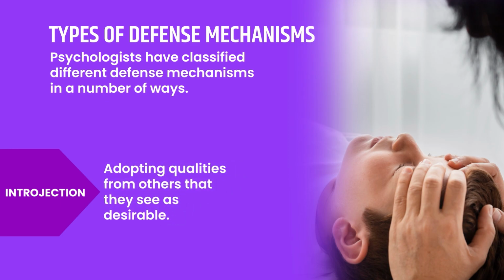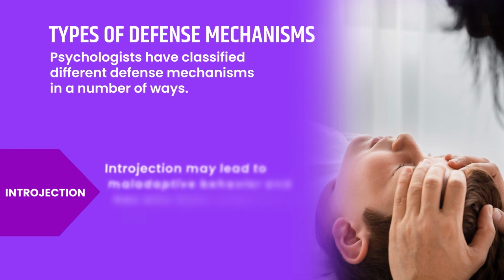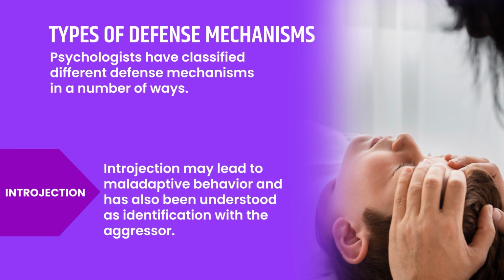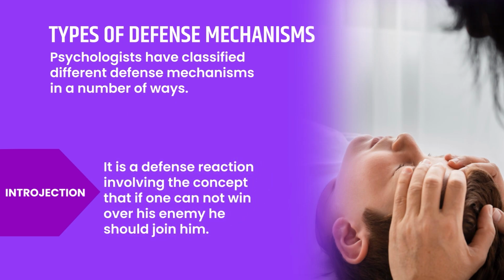We can say adopting qualities from others that they see as desirable. Introjection may lead to maladaptive behavior and has also been understood as identification with the aggressor. It is a defense reaction involving the concept that if one cannot win over his enemy, he should join him.